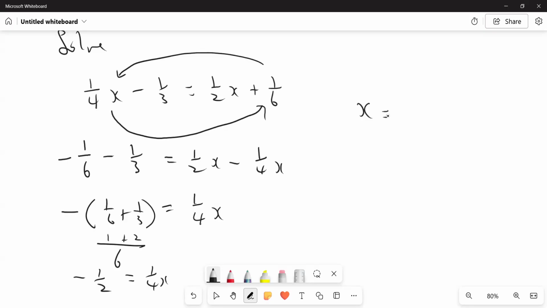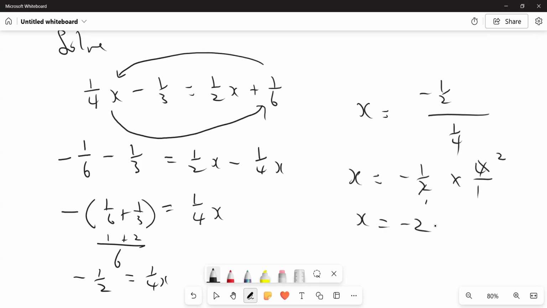So x will be equal to minus a half divided by a quarter. So x will be equal to minus a half multiplied by 4/1. You all understand how we do that? We flip over the divisor. So then you get 2 1s, 2 2s. So you end up with x equal to minus 2.